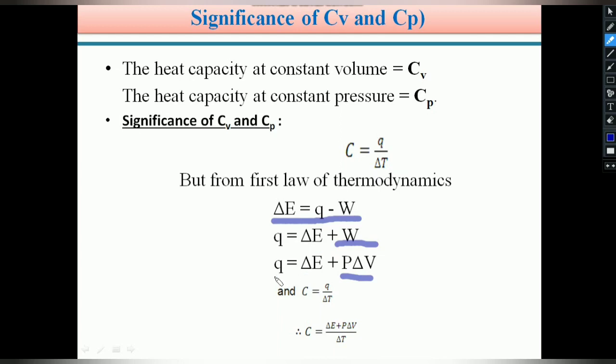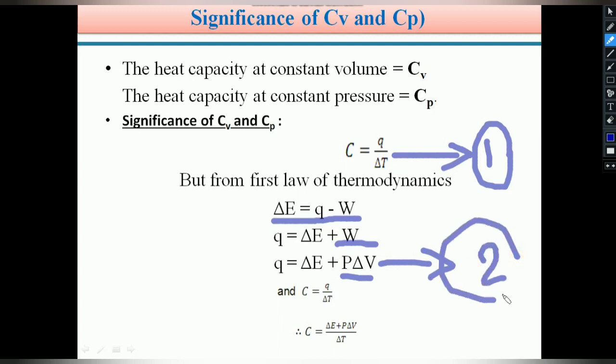Therefore, the equation becomes Q equals delta E plus P delta V. Let us assume this is your equation 2, and the earlier relation is equation 1.